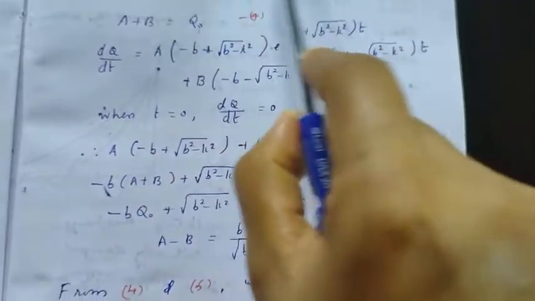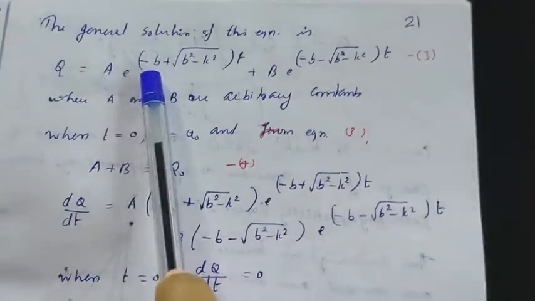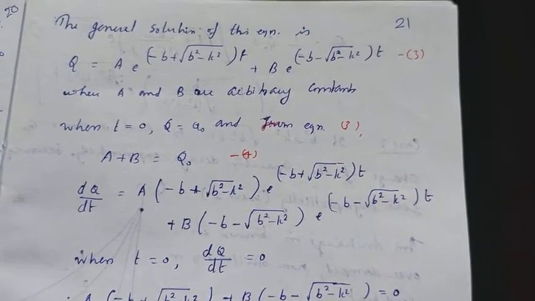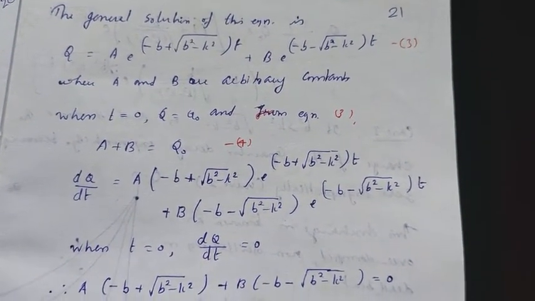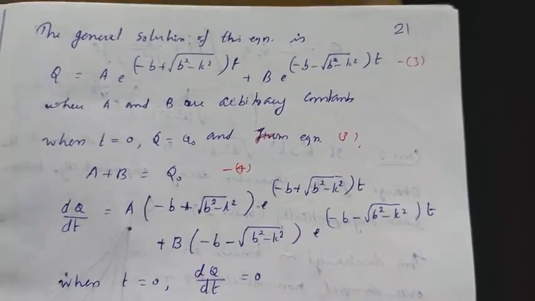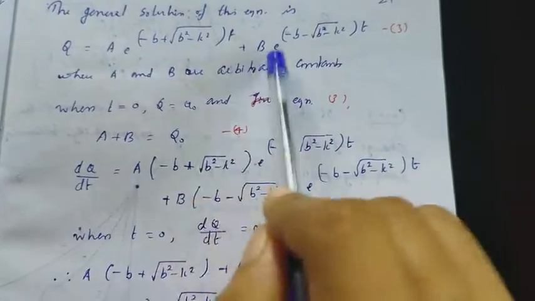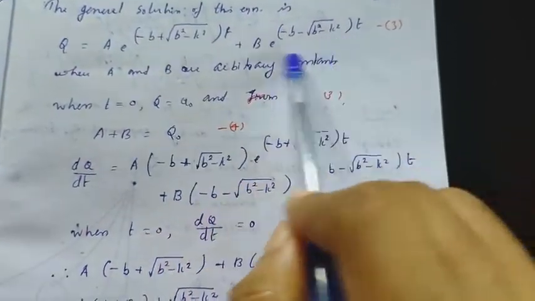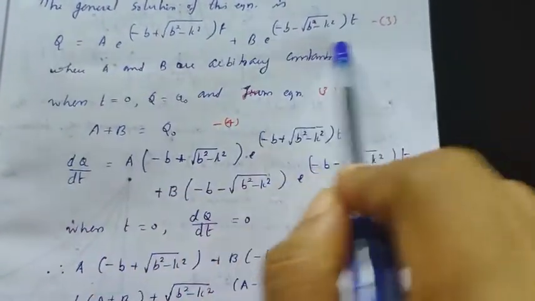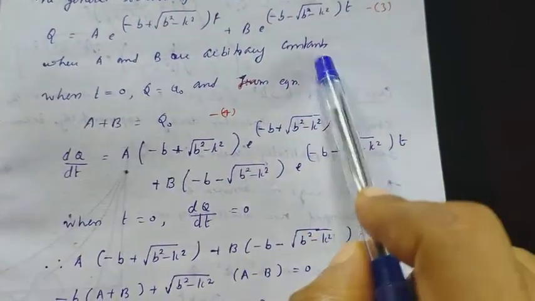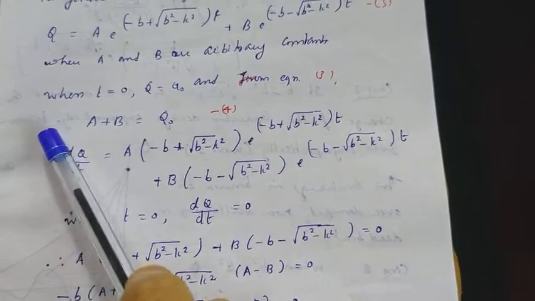You have done these steps in the case of the damped harmonic oscillator, in your second semester classes. The same steps give the solution like this. So each is an individual solution, and the general solution is the combination of these two. Here a and b are arbitrary constants.